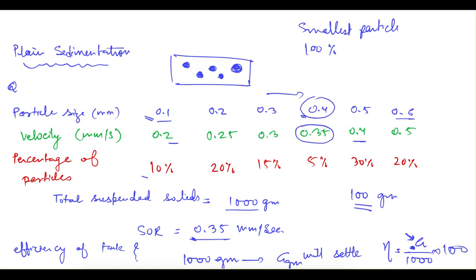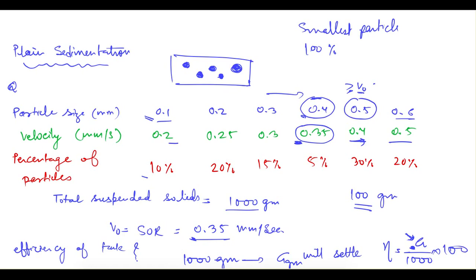Now we know that this is the particle size which will be removed by 100%. Now what about the other particle sizes? If a particle which has a settling velocity of 0.35 mm per second is going to be removed completely, obviously the particles which have velocity greater than this 0.35 will be settled completely. It means that all the particles which have settling velocity greater than or equal to the surface overflow rate, let's say surface overflow rate is v naught, will settle completely.